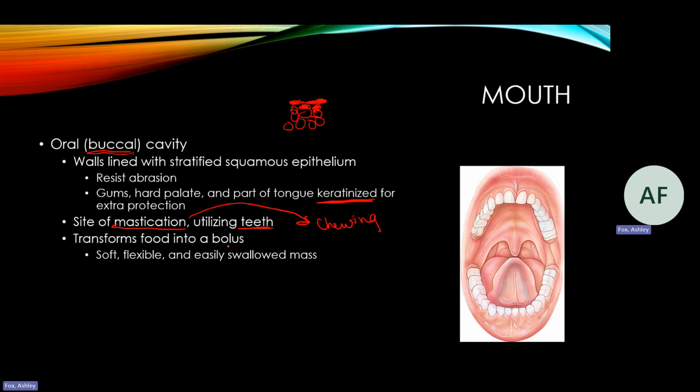It also makes the way between the tongue and the teeth and saliva, it transforms the chewed food into a ball, which is called the bolus. The bolus is just easier to swallow. It's easier to make it into this neat little ball of food mixed with saliva that's soft and flexible that can be swallowed versus having just stuff all over the place. So we just make it in a neat little ball so it's easier to swallow.